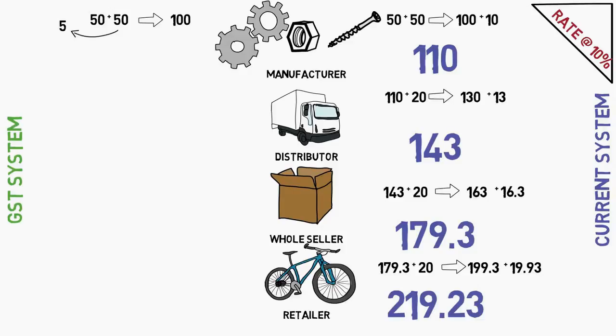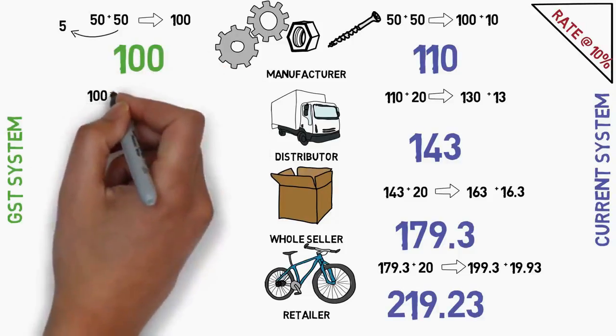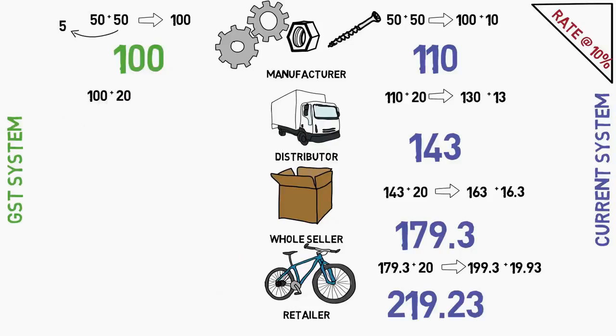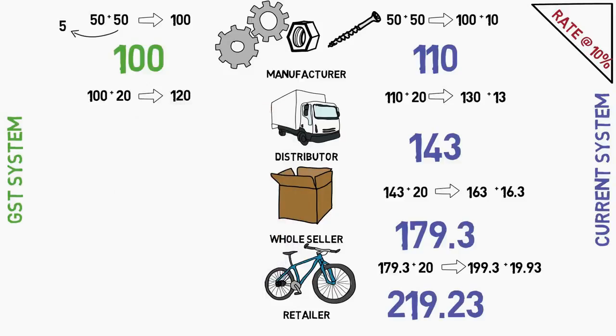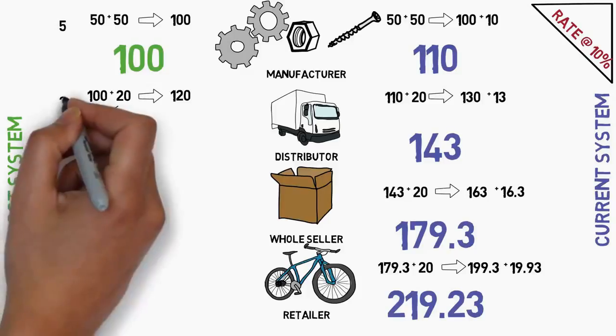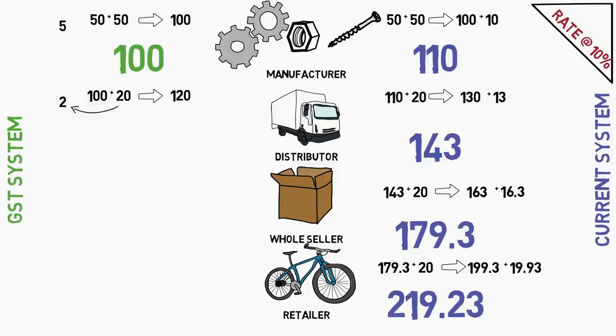But the selling price will not increase and the cost of the product for the distributor is 100 rupees only. Then the distributor adds 20 rupees profit and the product becomes 120 rupees. He pays the tax of rupees 2 on his profit of 20 rupees.